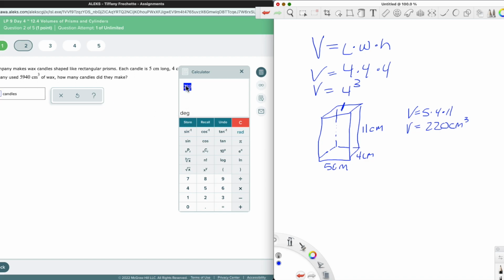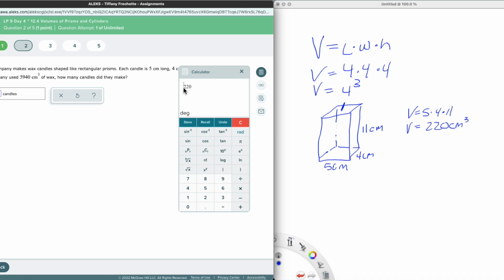So I'm going to type that, and I want to make sure I type that in first and then hit divide. Oh, and I'm going to have to erase it because I didn't highlight it, so it went off to the side. Like that. So now I can hit equals, and I can make 27 candles with this amount of wax. So there's 27 different times that 220 goes in.